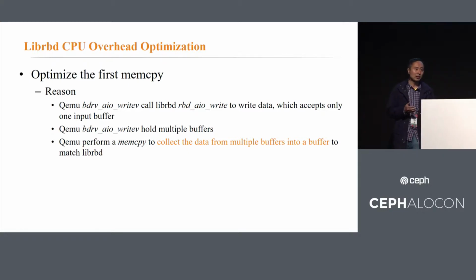However, unfortunately, the librbd API, rbd_aio_write, can only accept one input buffer. However, qemu holds multiple buffers, like a vector of buffers, so qemu has to perform a memory copy to collect the data from its multiple buffers into one single buffer to match the requirements of the librbd API. So this is how the first memcpy comes.